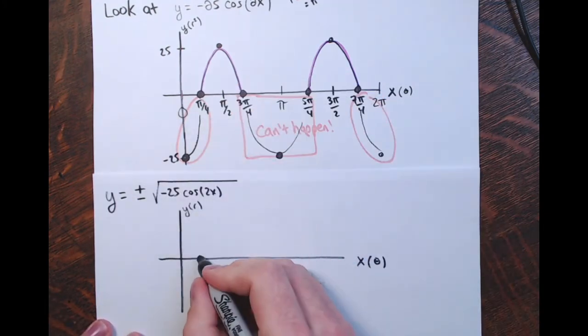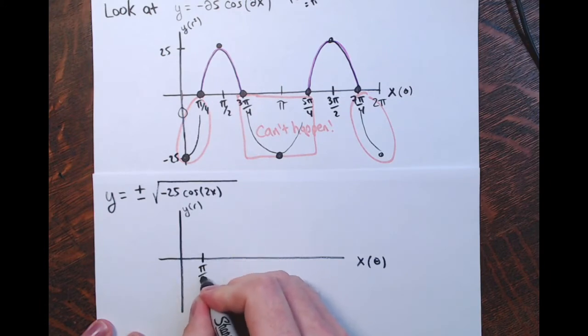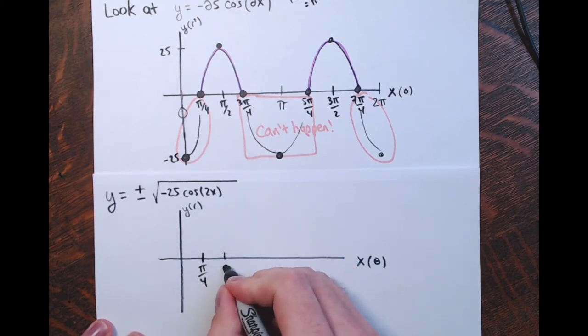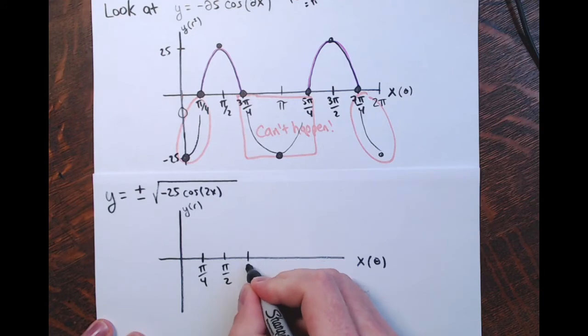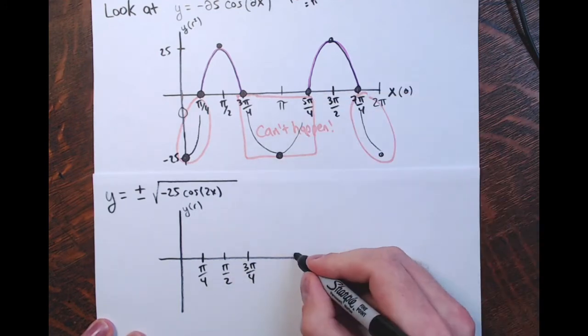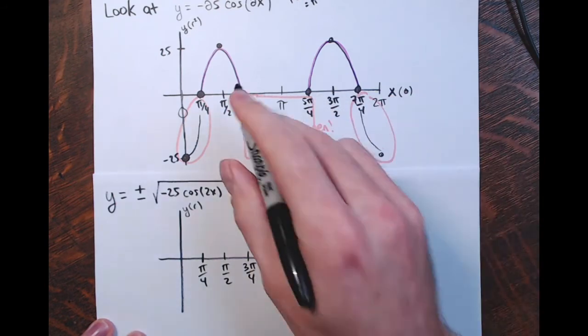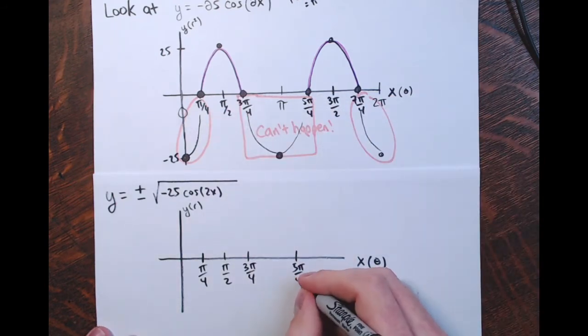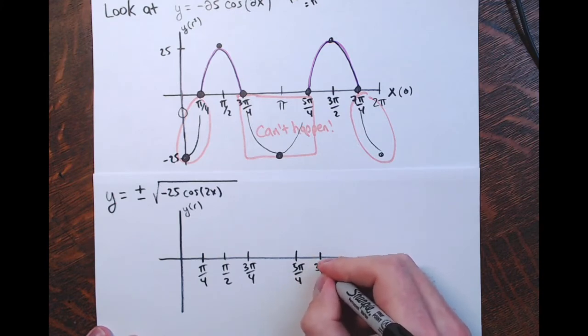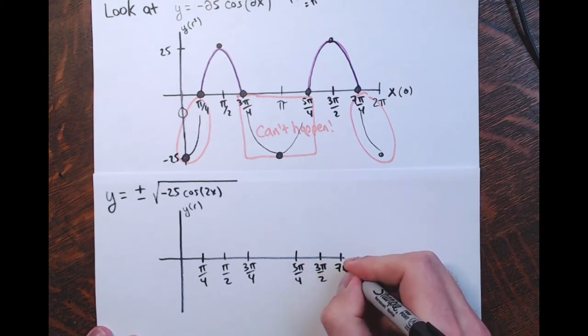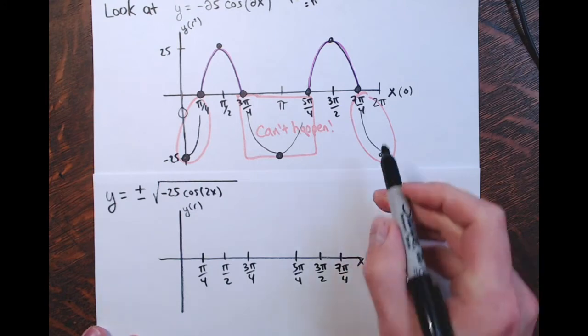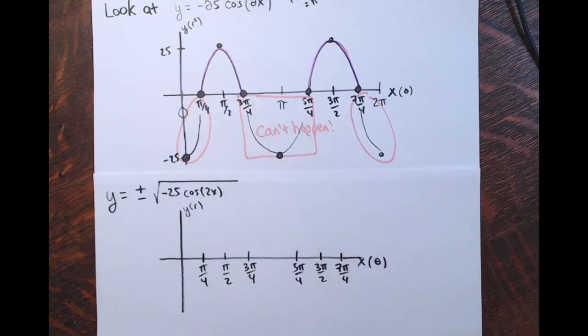So I'm only looking between pi over 4 and 3 pi over 4. And then I'm only looking between 5 pi over 4 and 7 pi over 4, because those are the only allowable values here. And then everywhere else, there's not going to be any graph.